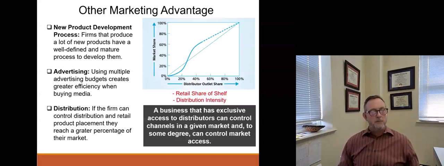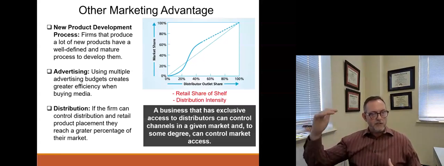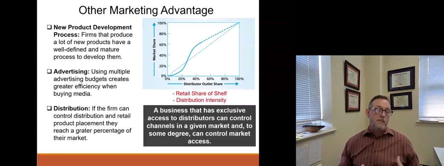Another one is called distribution intensity. When you bring a product to market, we look at the percentage of the market who has the product available to them. As that approaches 100, your intensity increases. That's where intensity comes from. Some companies specifically have a low intensity model if you're a luxury good, something like that.